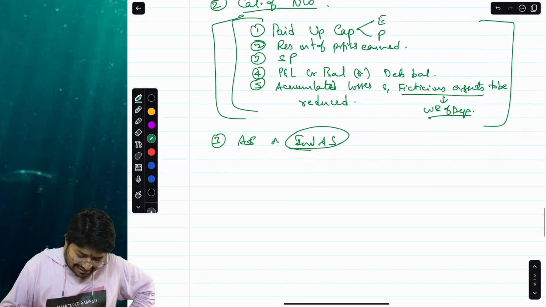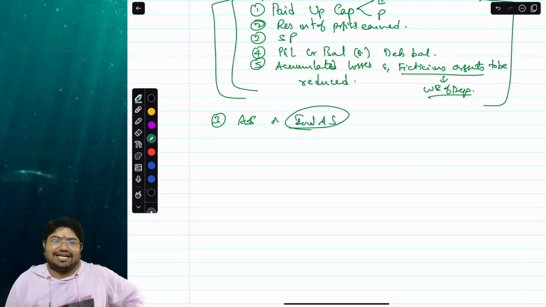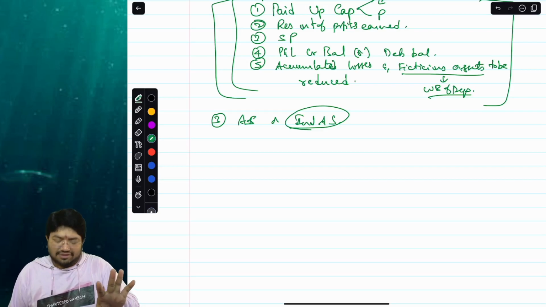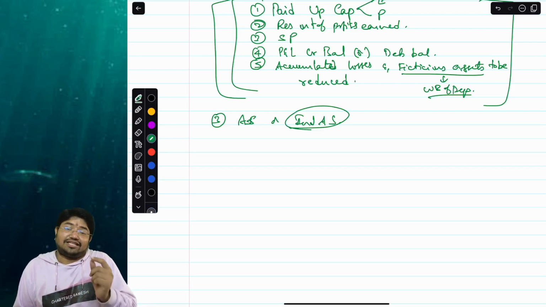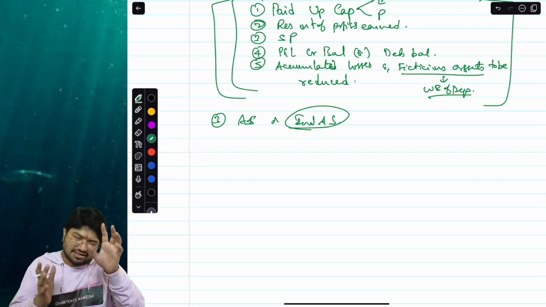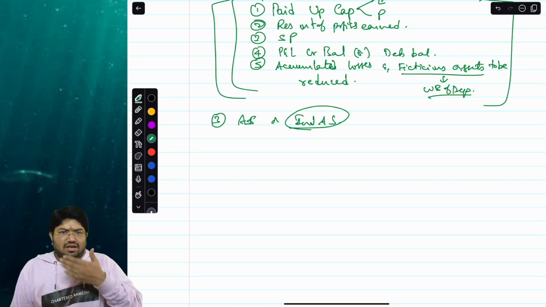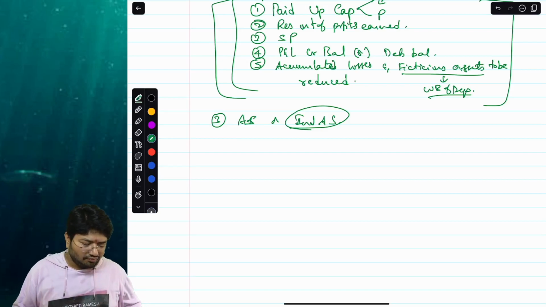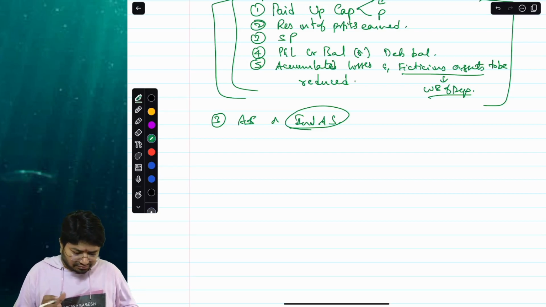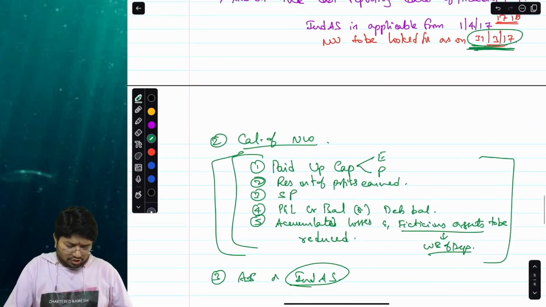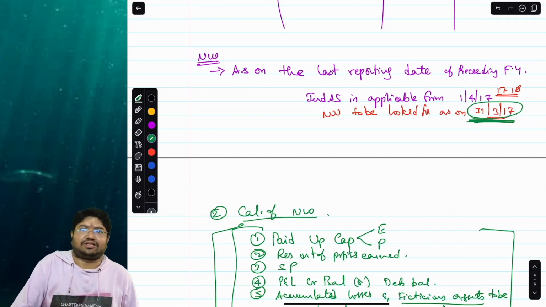There is no point asking whether it is under AS or Ind AS. It is by default AS only. It is only to confuse you. They would twist the question and ask whether it is under AS or Ind AS. There is no Ind AS as on that date. It is only an AS balance sheet. So these are a few things which we need to consider when we look at how to calculate net worth.